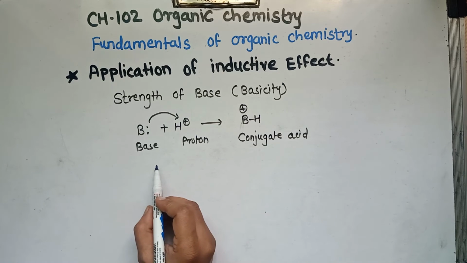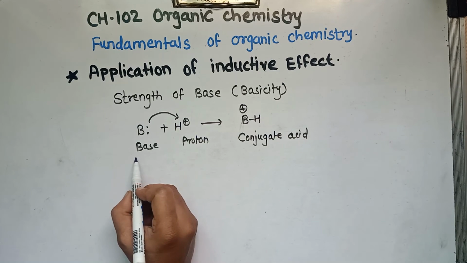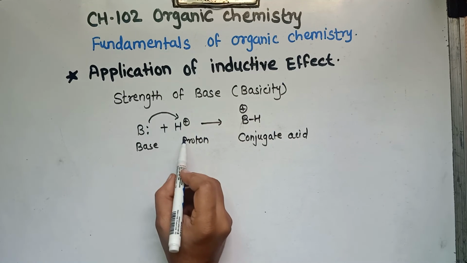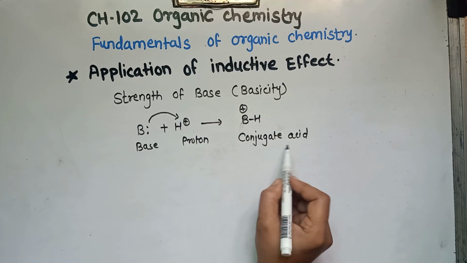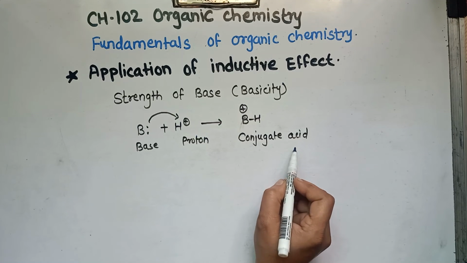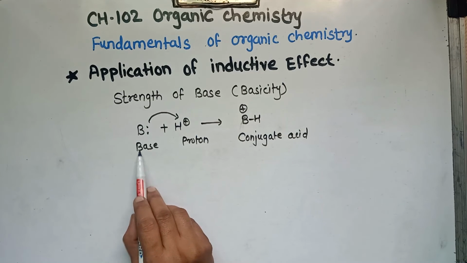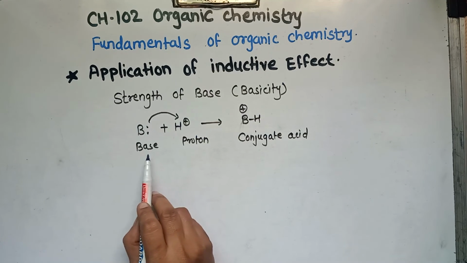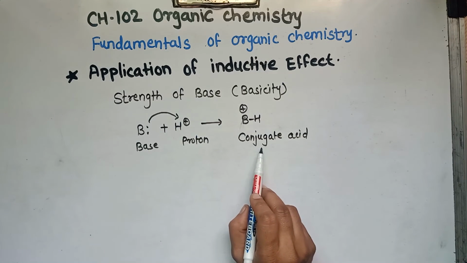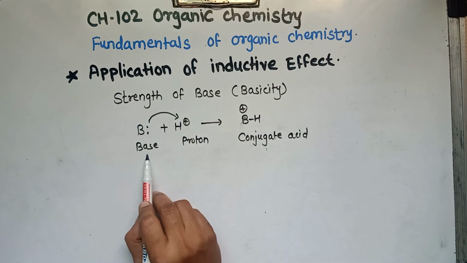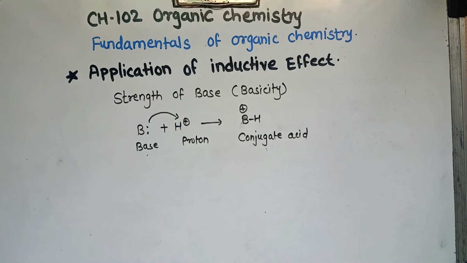The condition is that the availability of the electron pair, the tendency to donate this electron pair, and the stability of this conjugate acid show the basicity. It means a compound which easily donates its lone pair, having availability of a lone pair, and whose conjugate acid is more stable, shows strong basicity. Okay, so you have to remember this point.